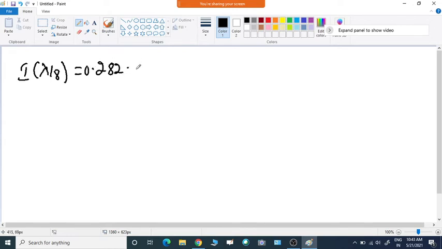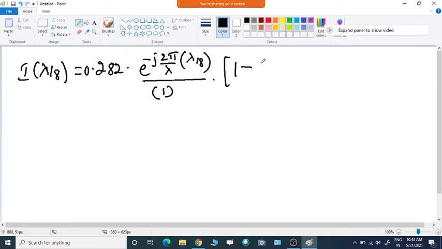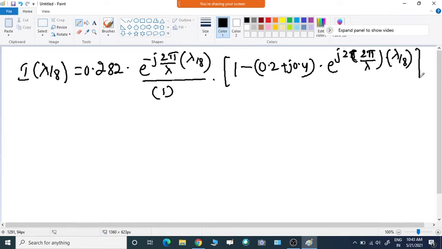Okay, so that into e power minus j 2 pi by lambda into lambda by 8, divided by 1 minus gamma, where gamma is 0.2 plus j 0.4, and this into e power j 2 beta x, with x again lambda by 8. So this will give pi by 2, which is equal to j.